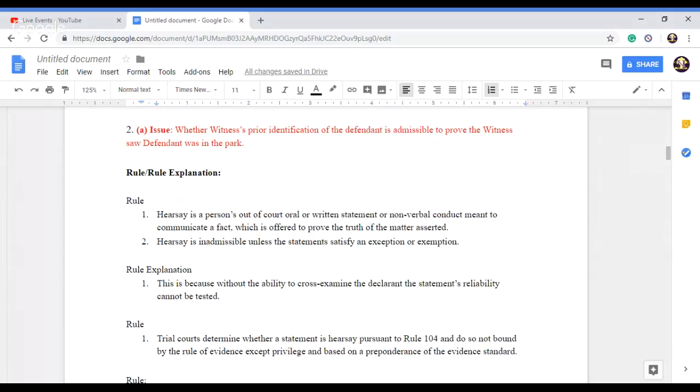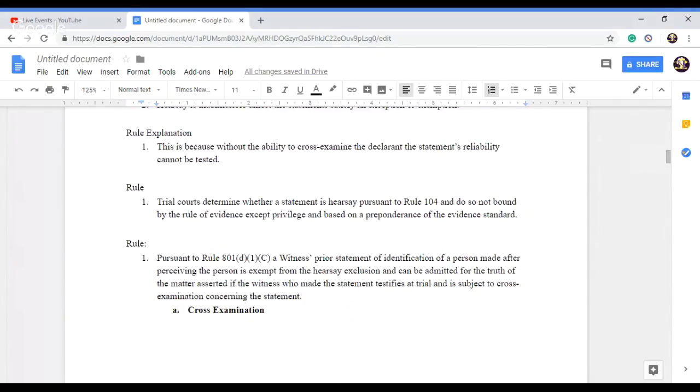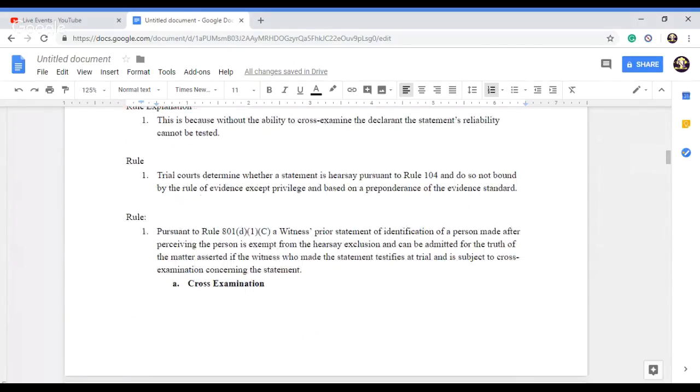Instead of saying there's an out-of-court statement or for the truth, we're saying, hearsay is a person's out-of-court oral or written or non-verbal conduct. Again, that's a synonym for statement. And here you also see the rule explanation, what the professor is pointing to, what the professor is defining. So there is no question on what you should be defining in your particular rule and rule explanation.